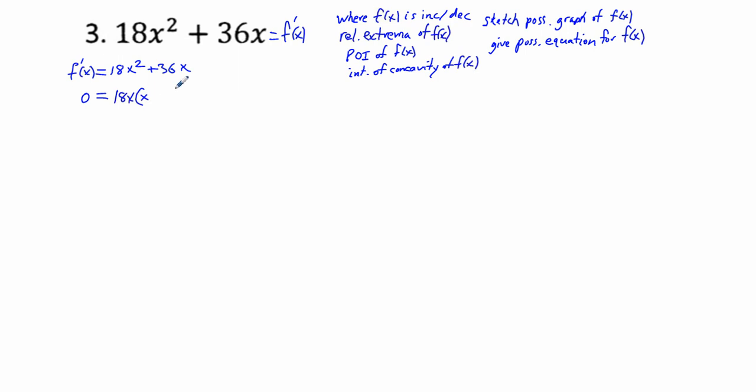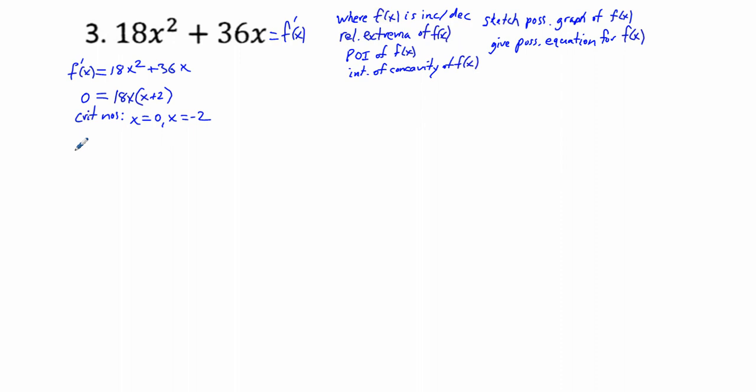It's x. And 18x times what equals 36x is plus 2. And so our critical numbers are x equals 0 and x equals -2.